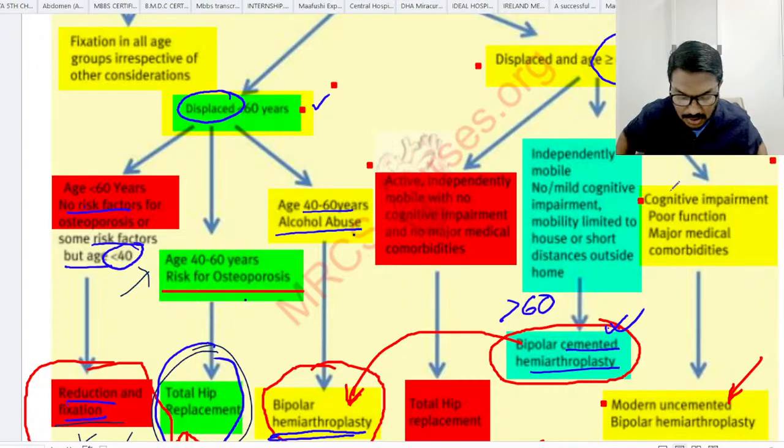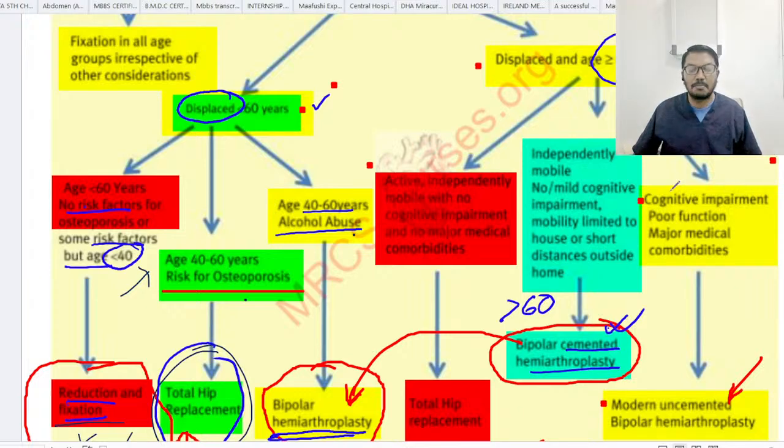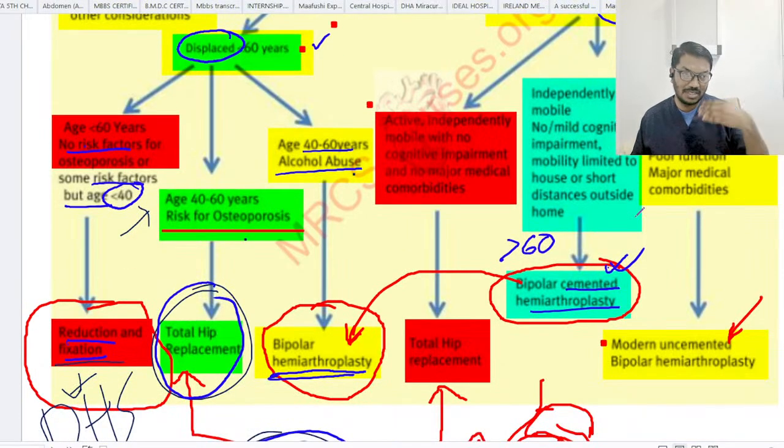But that cement has some chance of allergic reaction or some adverse effect. For those who already have some comorbidities and some life-threatening issues, we don't want to increase their risk by giving more cement.